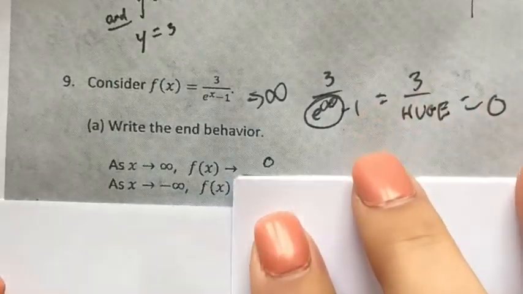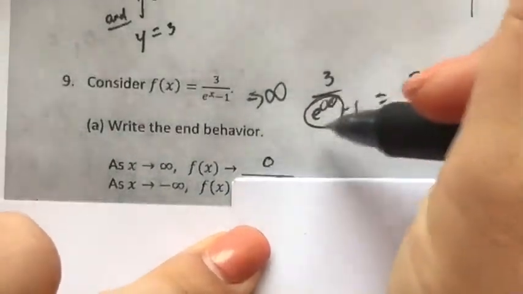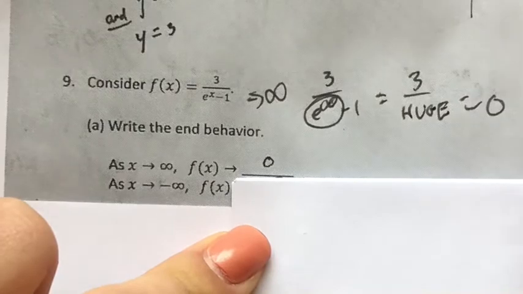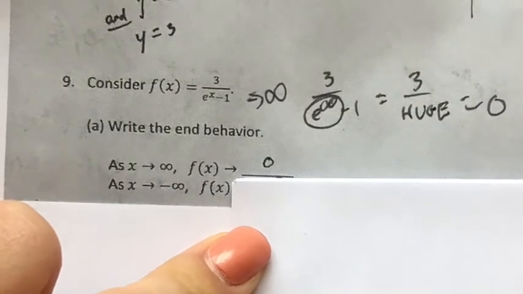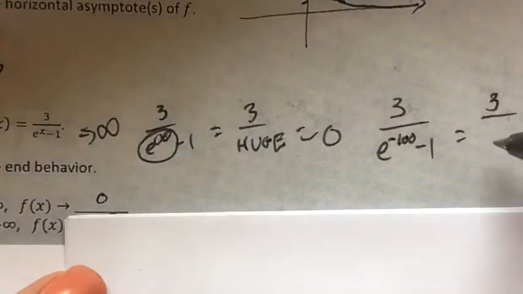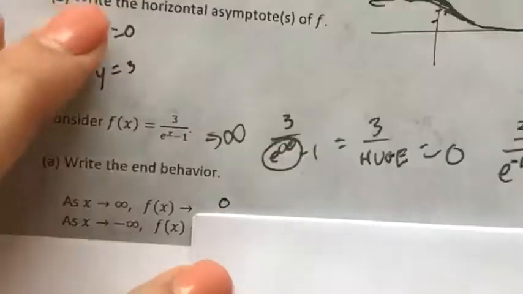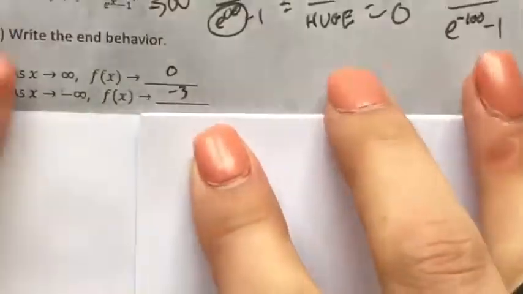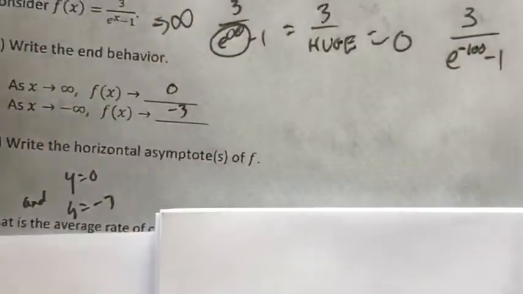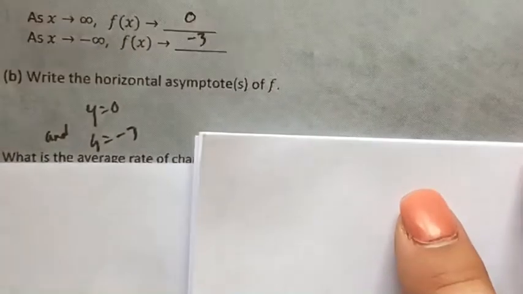So that's 0. If I plug in a huge negative number, I get 3 over e to the negative infinity minus 1, which is really close to 0 minus 1, so this end behavior is negative 3. So this one has 2 different horizontal asymptotes, 0 and negative 3.